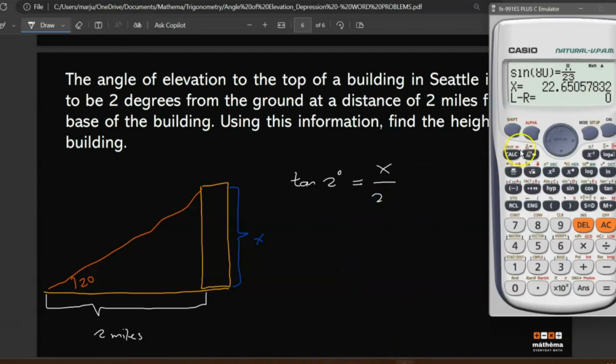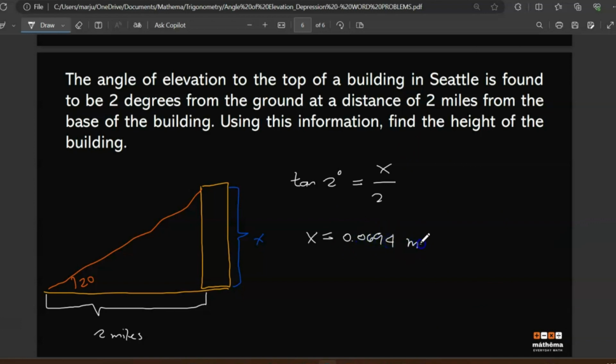So we will have tangent 2 equals x divided by 2, and again shift solve for x. That gives us x is equal to 0.0694.